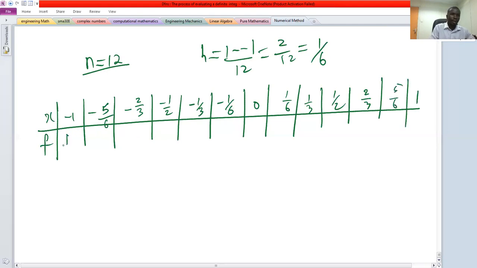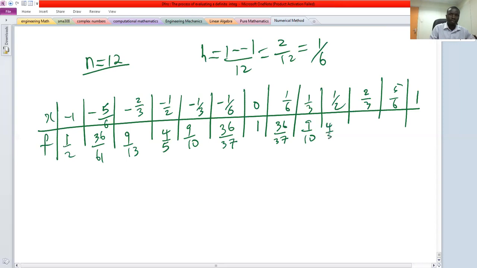For f: a half, 6 over 61, 9 over 13, 4 over 5, 9 over 10, 6 over 37, 1, 6 over 37, 9 over 10, 4 over 5, 9 over 13, 6 over 61, half.